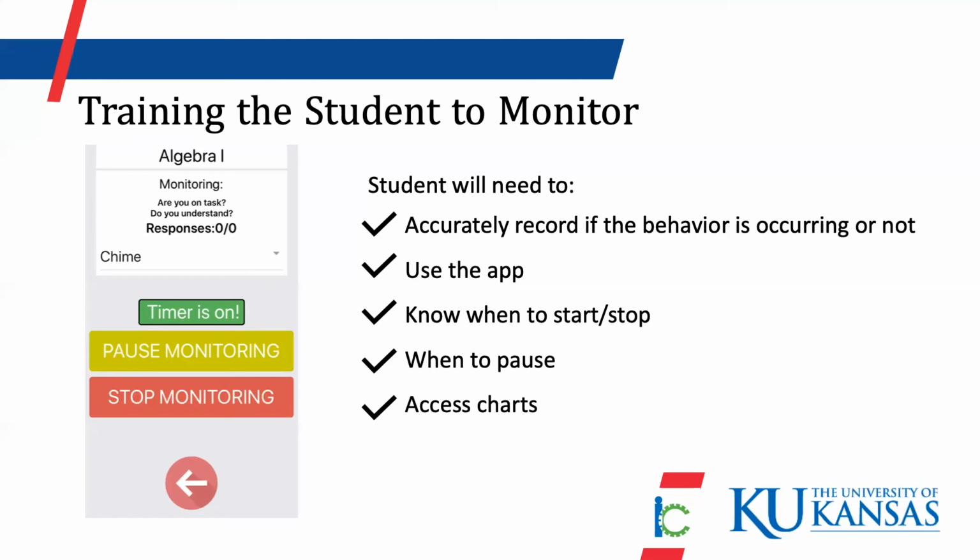Knowing when to start the monitoring session versus when to stop. Very important is when to pause. We have kiddos who go to the bathroom and leave the timer on, so leave the iConnect app running, and then it looks like they've missed a bunch of prompts because they've been in the bathroom the whole time. So just teaching kids things like that, knowing when to start, when to stop, when to pause, and then when to access those charts.